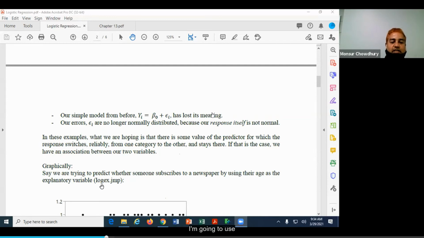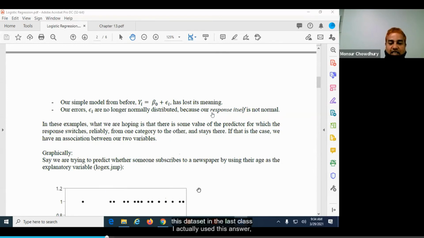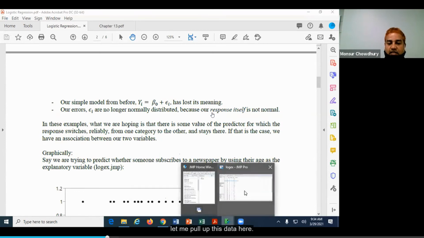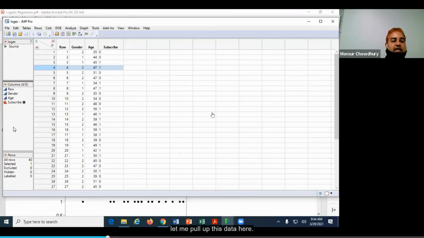So I am going to use this data set, which I actually used in the last class. In this data I would like to predict whether a person will subscribe to a newspaper or not based on their age.